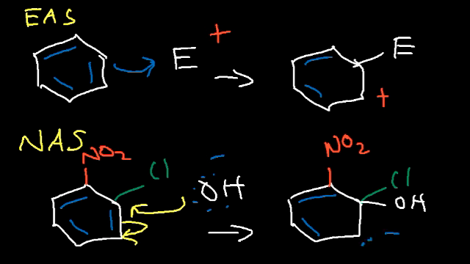So for nucleophilic aromatic substitution reactions, when you add a nucleophile, it's going to add a negative charge to the ring, and if you add an electrophile, it can add a positive charge to the ring. Now this, of course, on the bottom, is the reaction that proceeds through the Meisenheimer complex, when you have this carbanion intermediate. For the benzyne intermediate, you don't have the negative charge, it's just a triple bond.